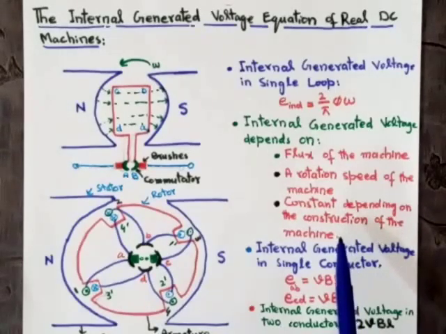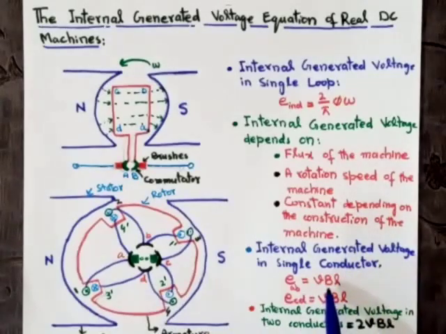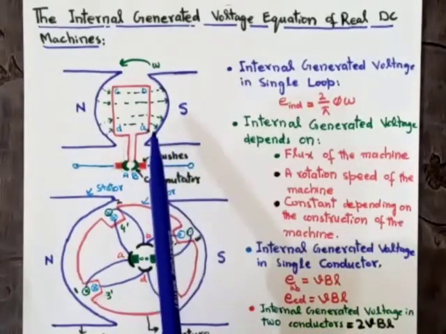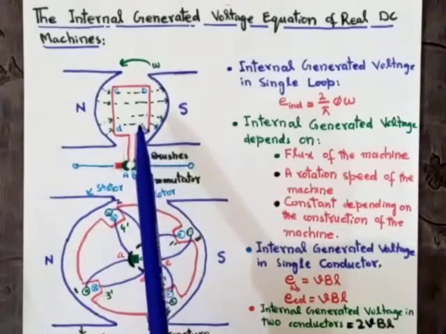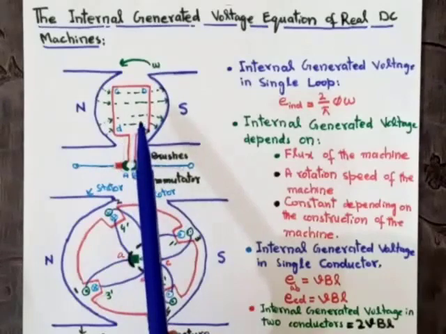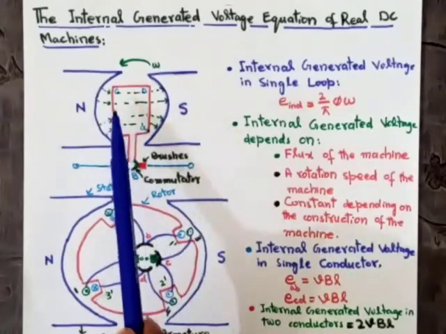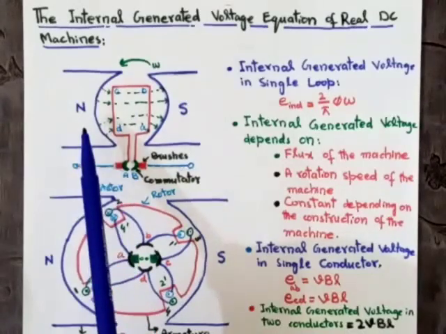As we know, the induced voltage in a single conductor is E equal to VBL. As you can see in this figure, here is a single loop. There are 2 conductors: side AB is called conductor number 1 and side CD is called conductor number 2.